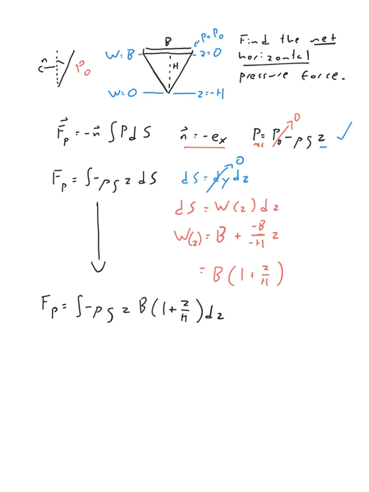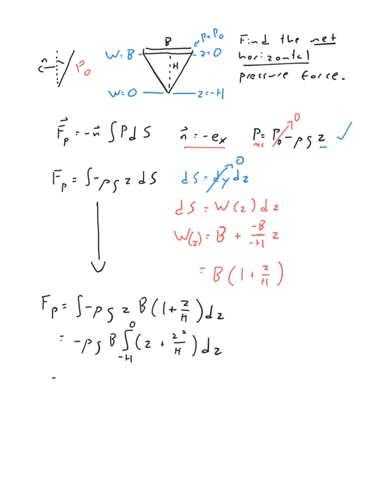I'm going to pull out all of the constants. Okay, so that's our setup. What are we going to integrate over? What range are we going to integrate over? We are going to integrate from negative h to 0.